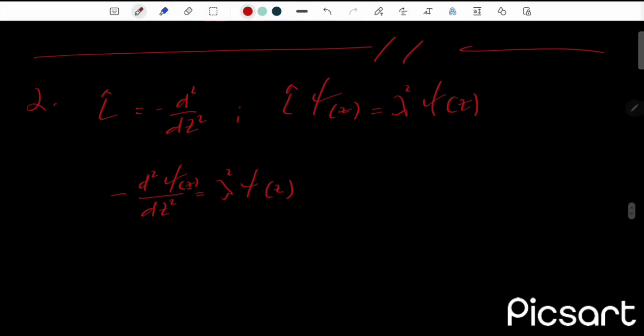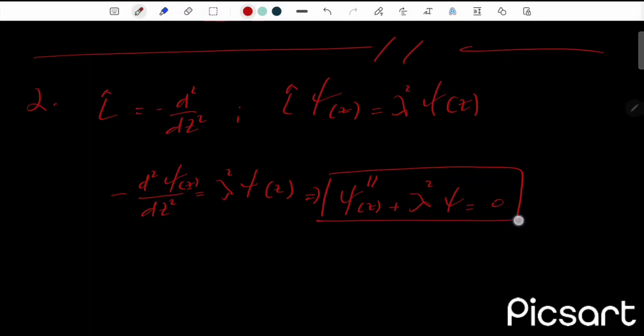Okay, as we can see here, we have a second order differential equation, so we can write this expression as the second derivative of psi of z plus lambda squared times psi equal to 0.